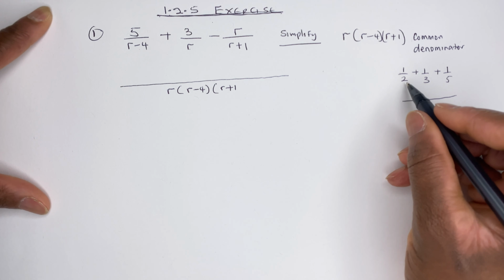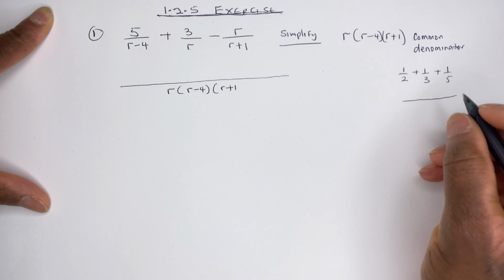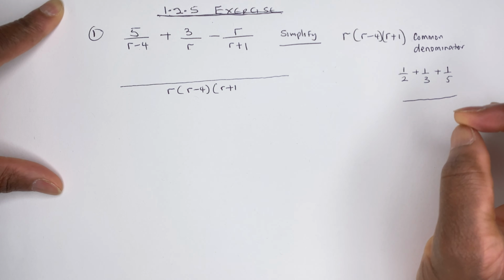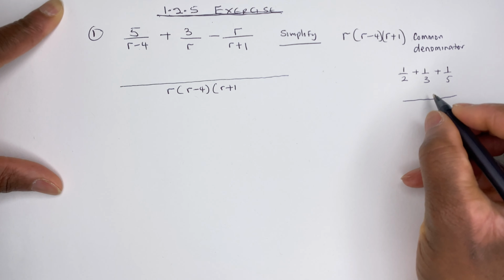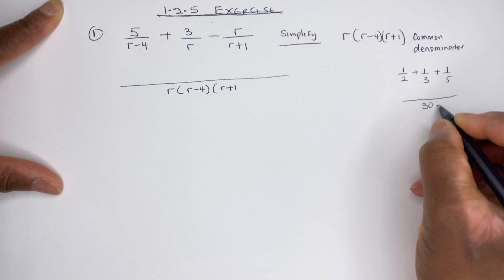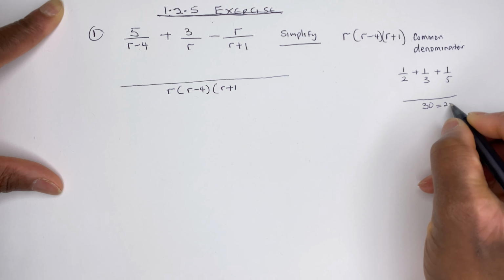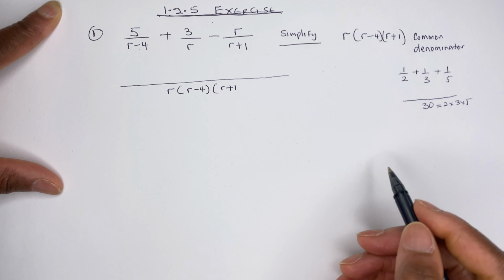I couldn't use 15 because 2 doesn't go into 15 without a remainder, because we're looking for a factor that gives a whole number. So how do I get that 30? 2 times 3 times 5. It's the same process. We're just multiplying that with that, and with that. That's how I got my common denominator.